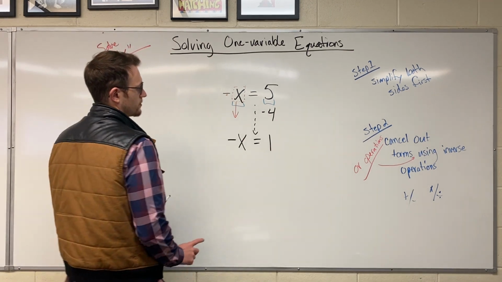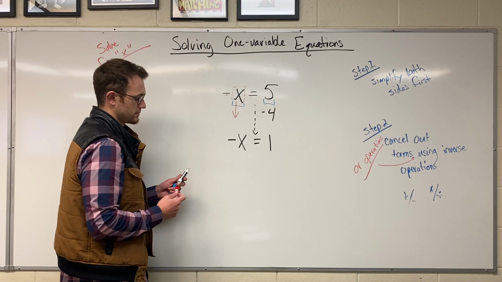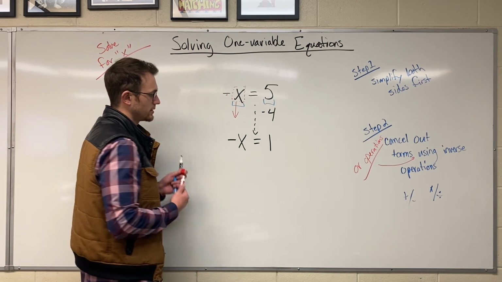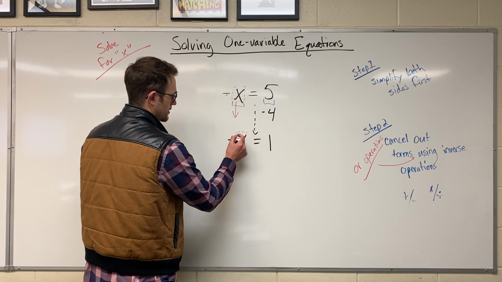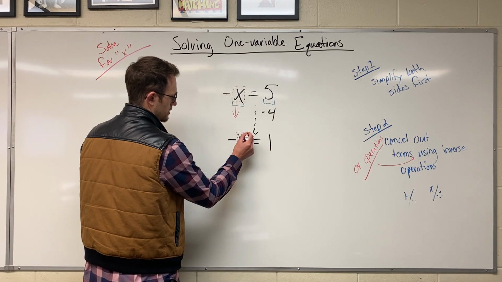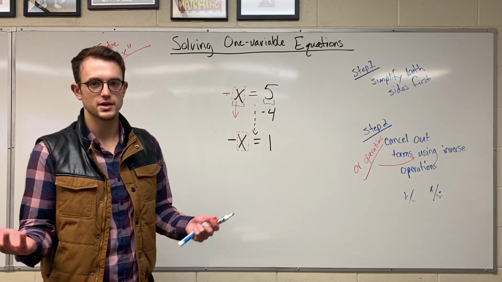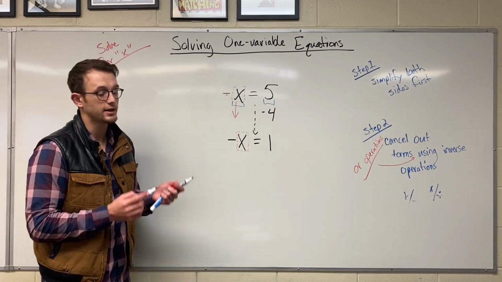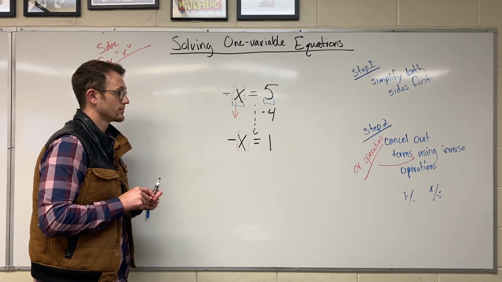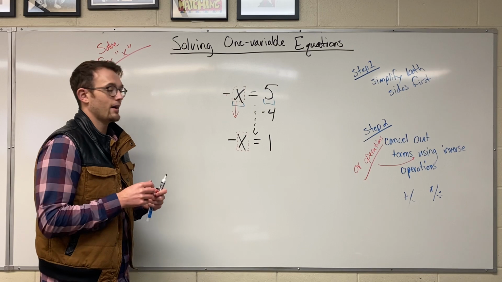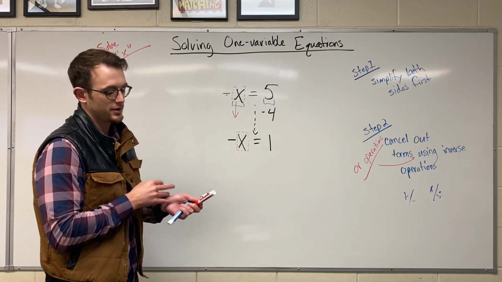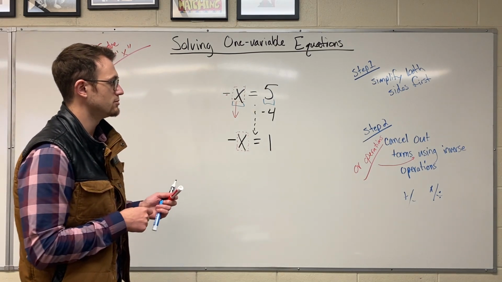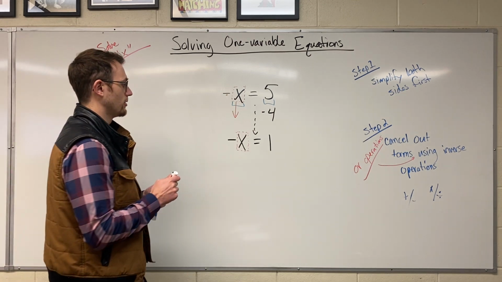So, which leads us to the next point, is the x by itself? Have I solved it yet? No, because there's that pesky little negative. All right. So how do you get rid of a negative? Hopefully this is something you guys remember, is you multiply both sides by -1.